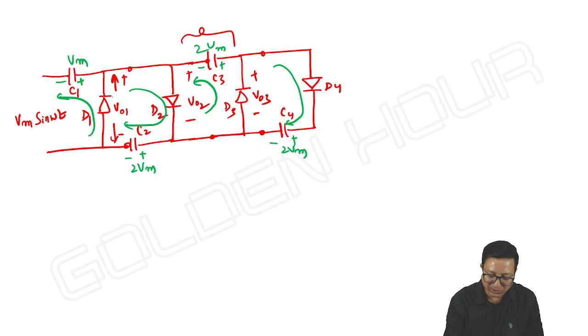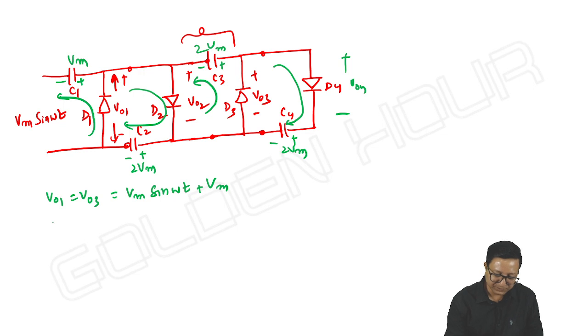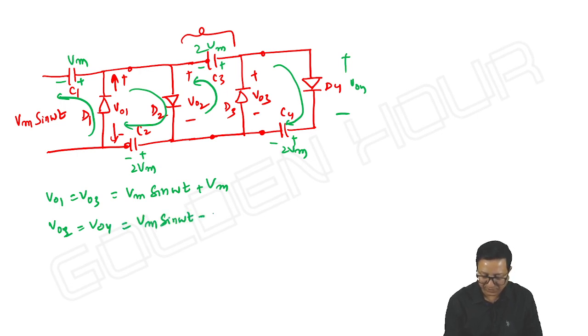Now, VO2, the diode is directed upwards, no, positive clamper. VO1 and VO3 are positive clamper outputs, that is Vm sin omega t plus Vm. And VO2, VO4, I can write this as VO4. VO2 is equal to VO4 is equal to the negative clamper's Vm sin omega t minus Vm.